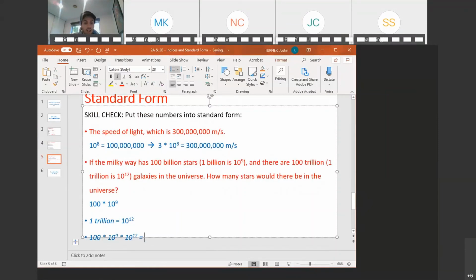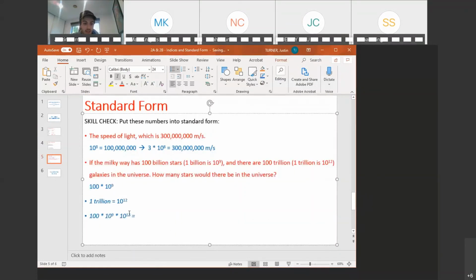Now, this is where we're looking at our index laws. We know how to multiply these indices together. So we've got 100 times 10 to the power of 9 plus 12. We're adding because from our index laws, we know 10 to the power of 9 times 10 to the power of 12, we just add the indices together. Simplifying that, we've got 100 times 10 to the power of 21.